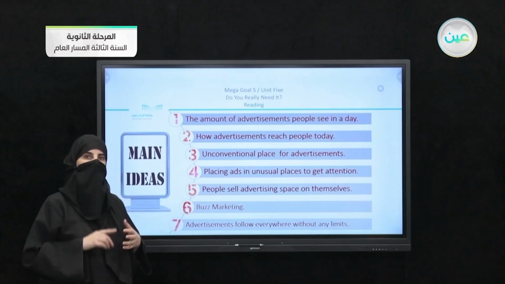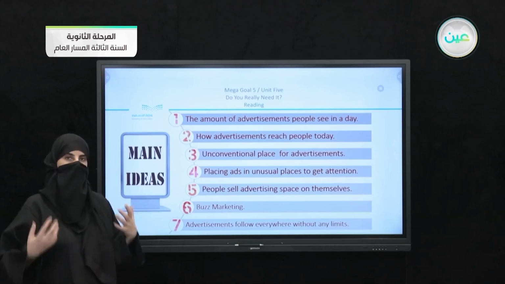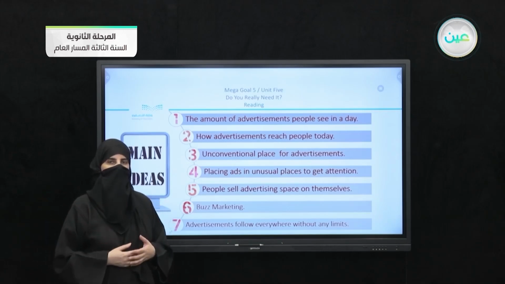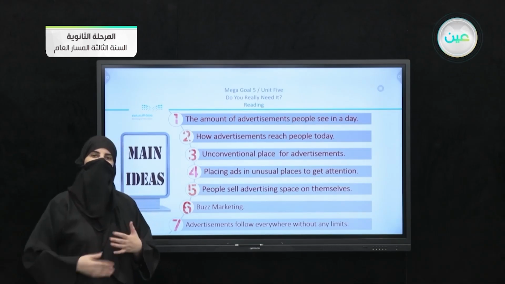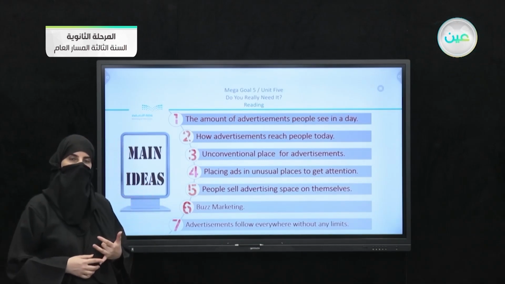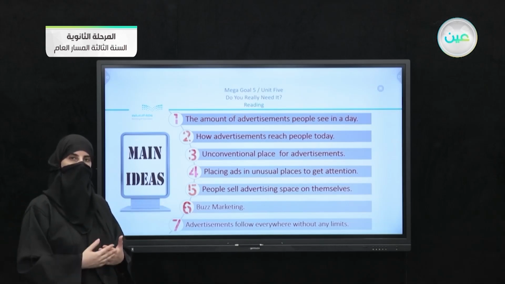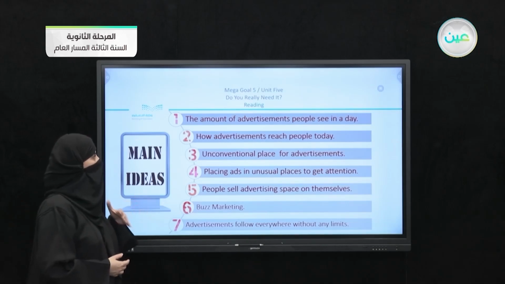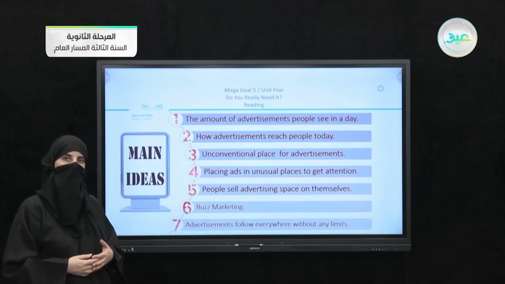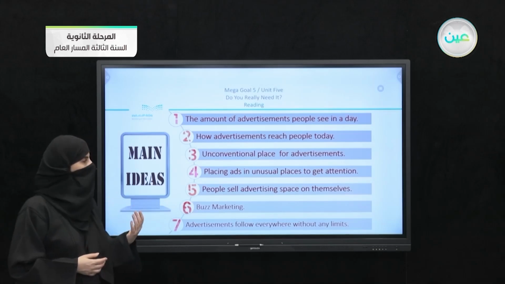You can see from the very start the amount of advertisements people see in a day, just to imagine or just to think about what they are seeing around them. After that, we move to the idea about how advertisements reach people today. Now we connected the past, the present, and the future. We also have something about unconventional places for advertisement, placing ads in unusual places to get attention.